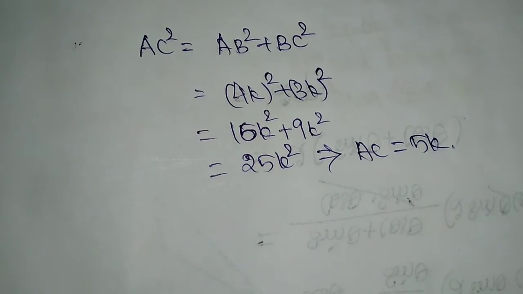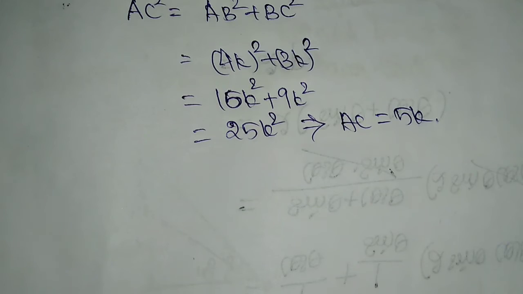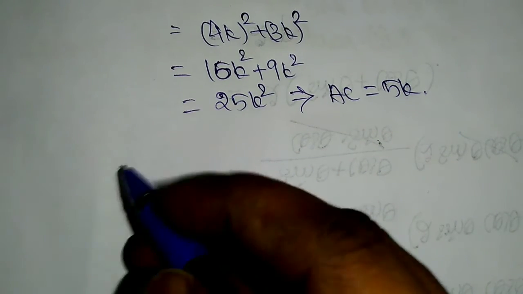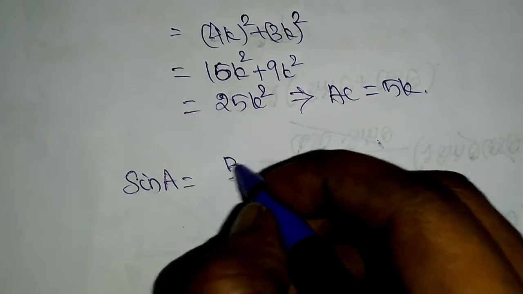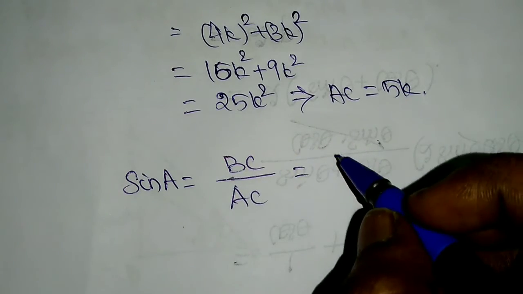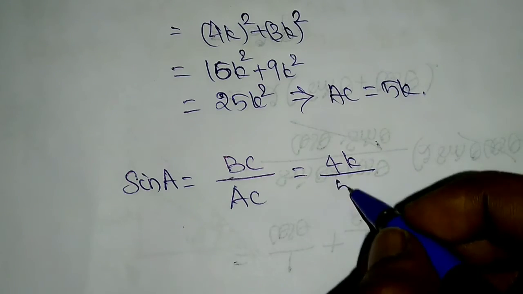Now we are going to write all the trigonometric ratios of the given angle. Sin A is equal to BC divided by AC. Here BC value is 4k divided by AC value 5k.